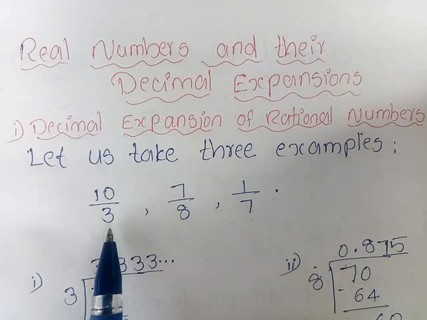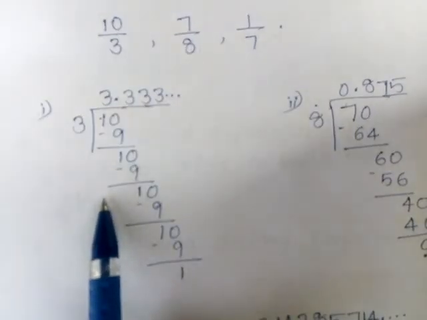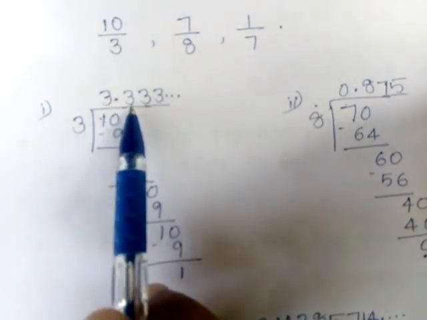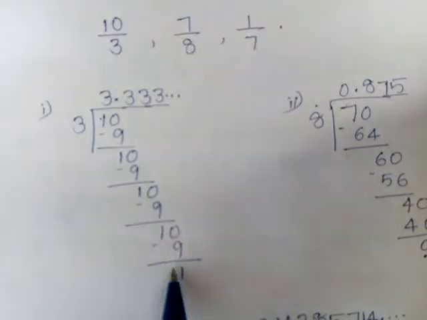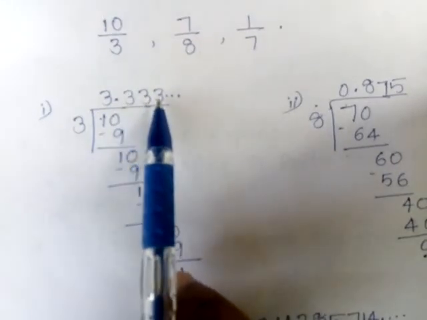So, we need to do division for finding decimal expansion of these numbers. From first example, 10 divided by 3, we will get the quotient 3.333 etc. The remainder 1 is repeating. Because of the repetition of remainder 1, we are getting a repeating digit 3 in the quotient.